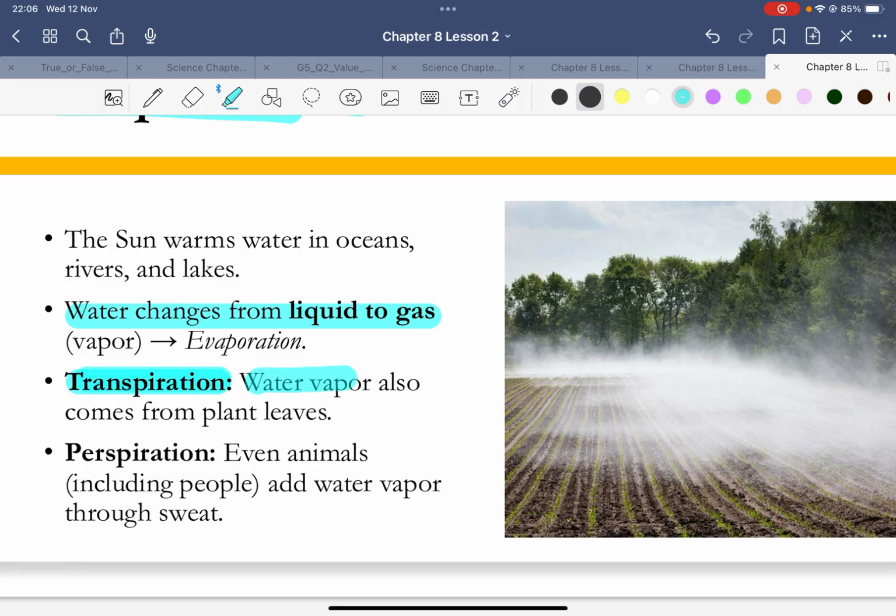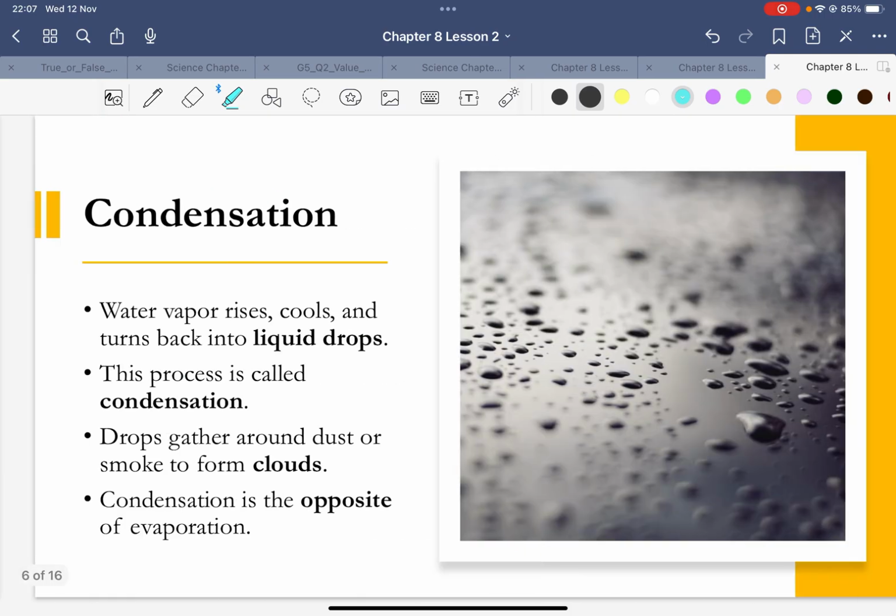Transpiration means water vapor coming out from the plant leaf. You know that the leaf itself holds water, right? So when it becomes water vapor from the plant leaf, we call it transpiration. Even animals and people also give off water vapor. We call that perspiration. So this is animals and humans adding water vapor through sweat.